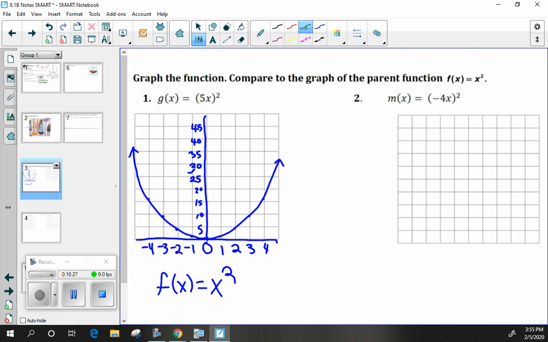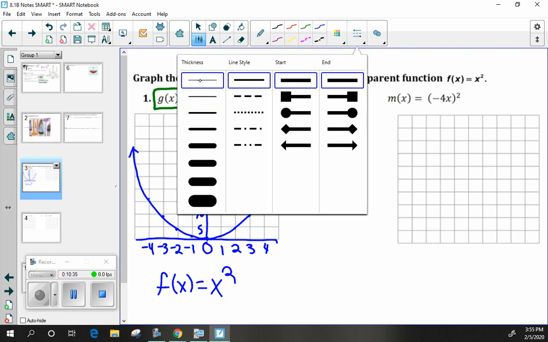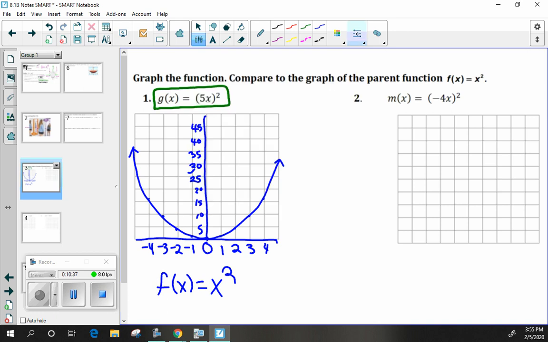Let's make this next one green. So for this one that we're working on, we're going to work in green. I'm going to make that a little thinner so that maybe it makes more sense. Okay, so if we were to solve when we put in 1, we would have 5 times 1 squared equals 5.